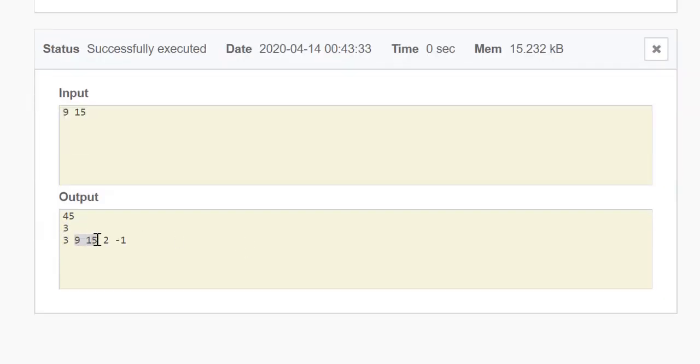Then we get 9, 15, which are the values of a and b, and we get the value of x equal to 2 and value of y equal to -1. And that is correct, because 9 times 2 equals 18, and 15 times -1 equals -15, and 18 minus 15 equals 3, which is the greatest common divisor. And it's okay, our code has been implemented correctly.